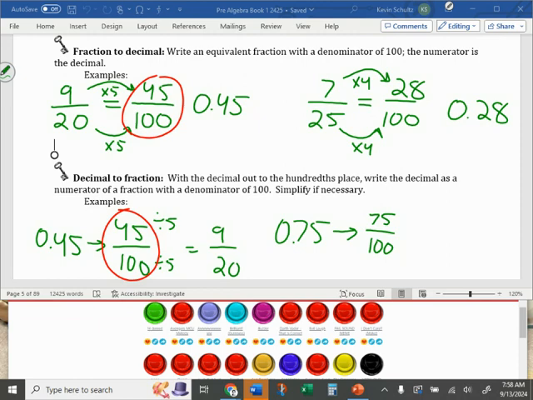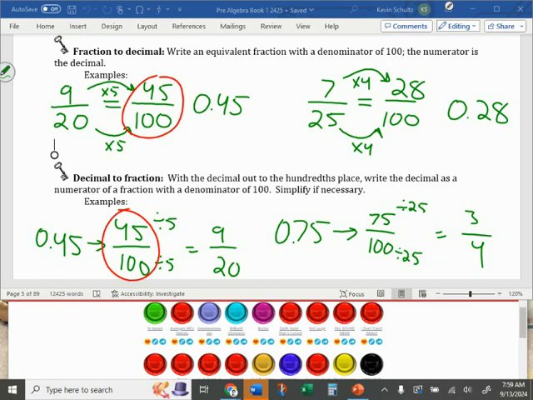Claire? 25. 25, yep. So 75 divided by 25 is 3. 100 divided by 25 is 4. And that would get us 3/4. If you divide it by 5, you'd end up with 15 twentieths. And then you'd have to divide by 5 again to get down to 3/4. So going that route wouldn't be wrong, just one extra step.